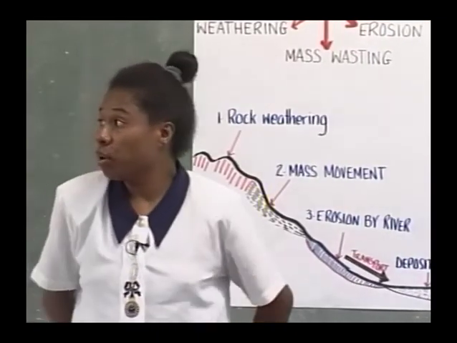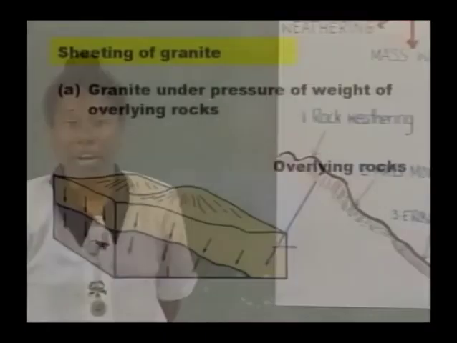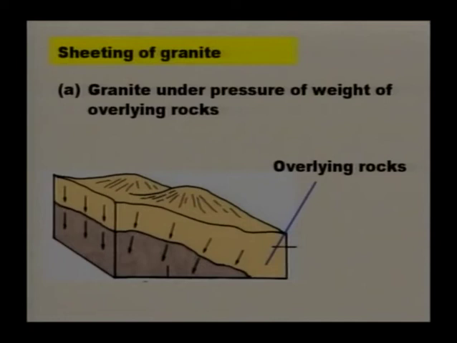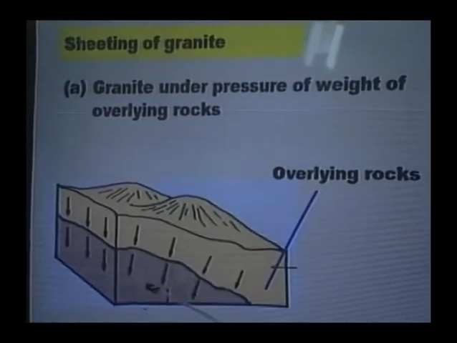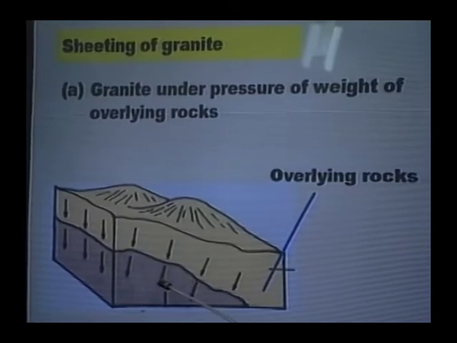Let's look at the sample or example which has been put together on the rock of granite. We know that granite is an intrusive igneous rock. The brown color here shows rocks of granite.